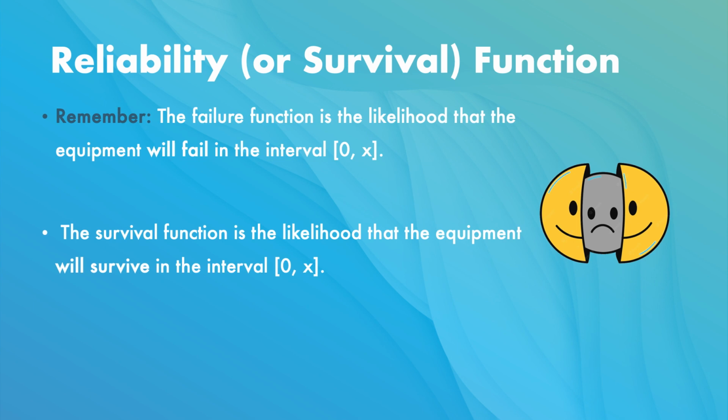The reliability function, or the survival function, as we can also call it, has a lot to do with the failure function because it's the inverse, and it's essentially the likelihood that the equipment will survive in the interval of 0 to x. So instead of thinking about the area to the left, we will think about the area to the right of the probability density function.